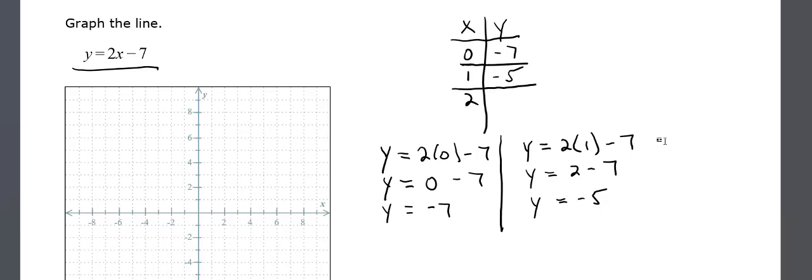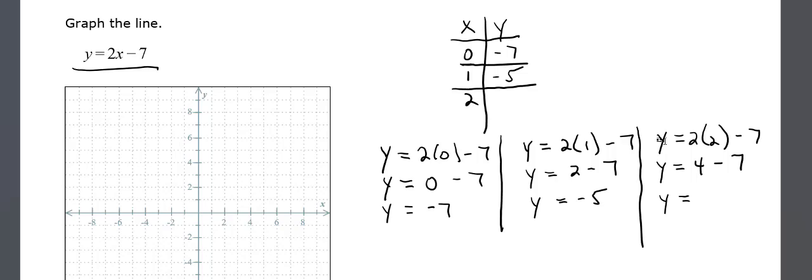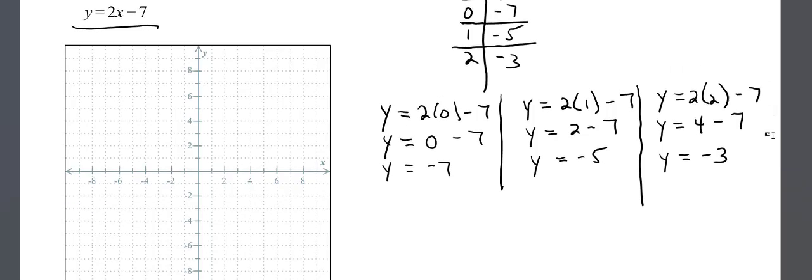You want to do at least 3 points. So the third point would be y equals 2 times 2 in this case, minus 7. So y would equal 4 minus 7, and 4 minus 7 is negative 3. So what we would do is plot each point on our graph.